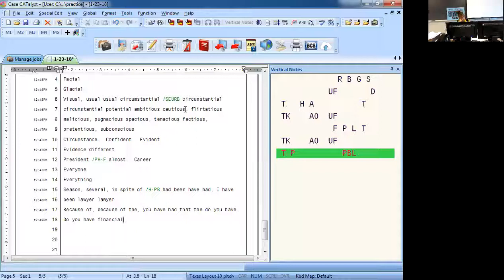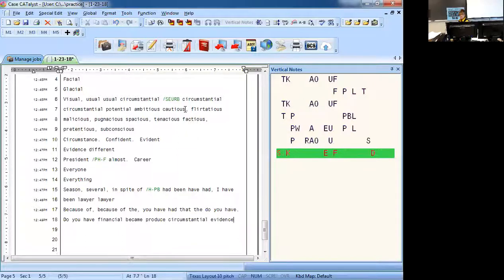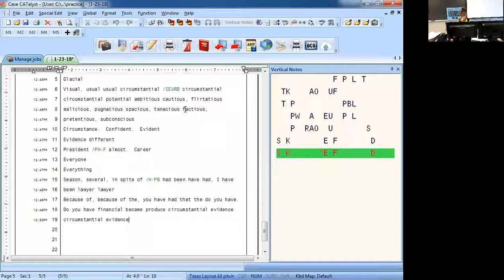And then you've got, just trying to see, became is BAME, produce is Prusse, BAME, Prusse. Circumstantial evidence, number 8. Write this down, SKEFD, SKEVD. They both come out. Of course, I'm picking the F because that is easiest. I don't want to worry about the asterisk, but they both come out.